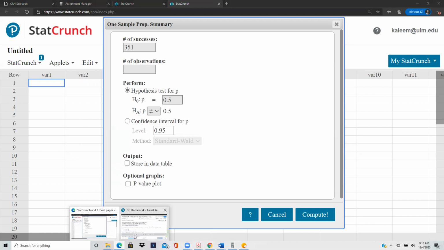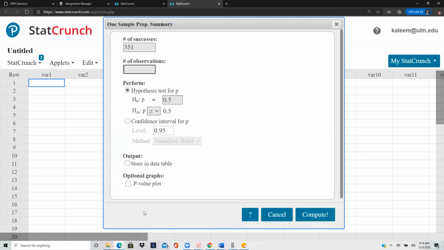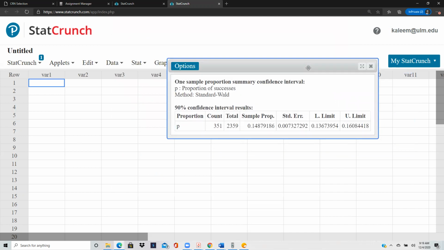I can't remember. 351 out of 2359. And we want 90% confidence. So lower bound is 0.137 and upper bound is 0.161.